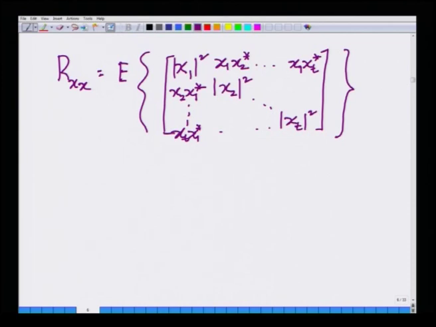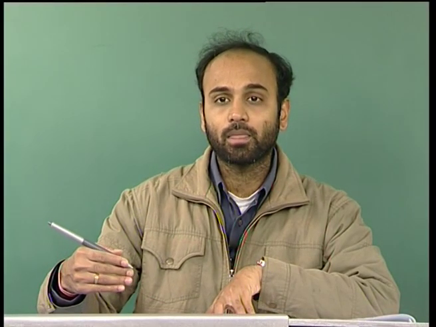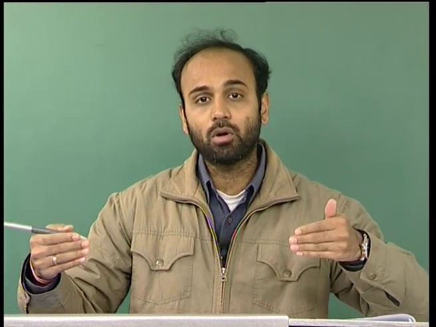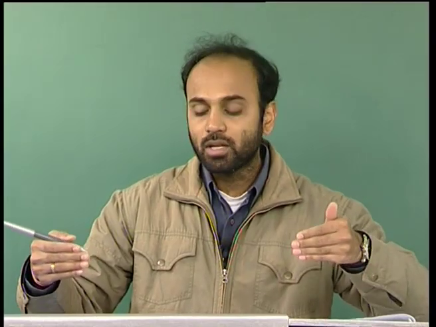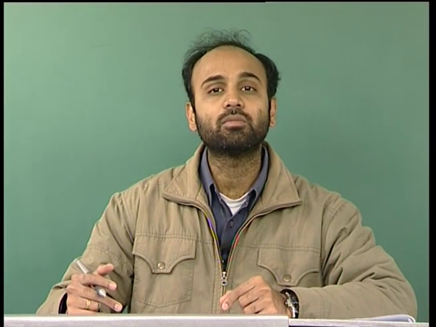These are nothing but the transmit powers, because if I take |x1|^2 and average it over a large amount of time, that is nothing but the transmit power. Hence, the diagonal terms are the transmit power. The off diagonal terms are the correlation between the symbols transmitted on the different transmit antennas.